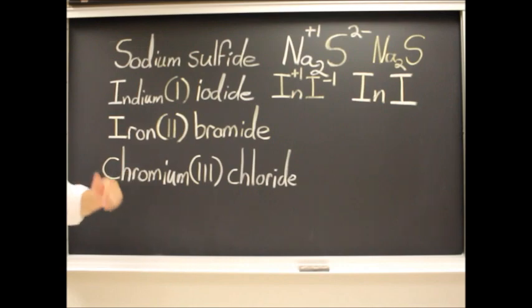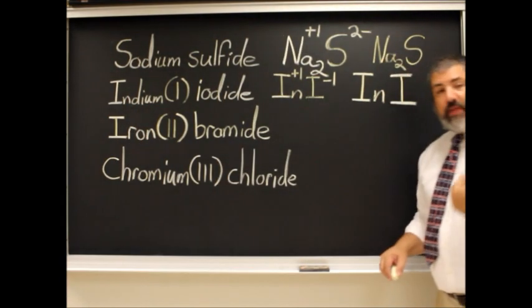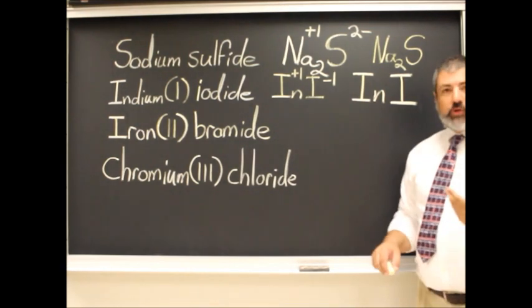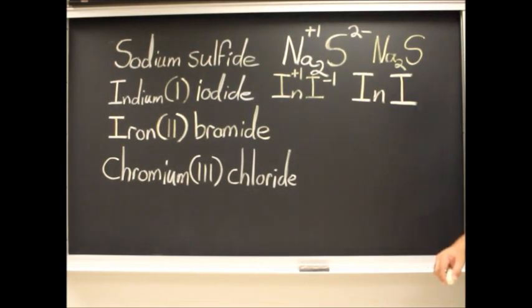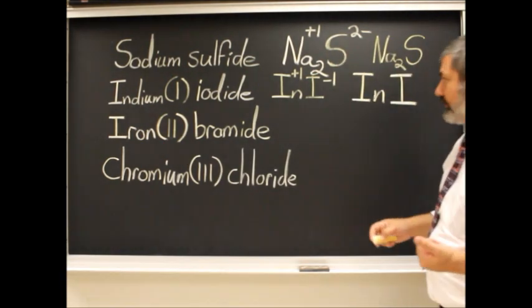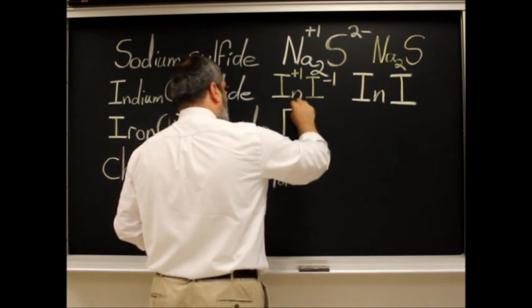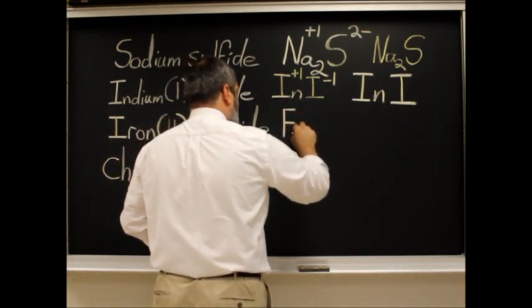Iron 2 bromide. The transition metals have the same issue in that they can form multiple charges, multiple positive charges. So in the name, I have to tell you this is iron 2+. The chemical symbol for iron is Fe.